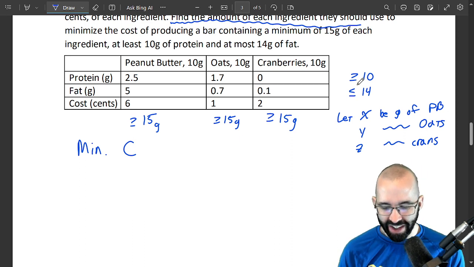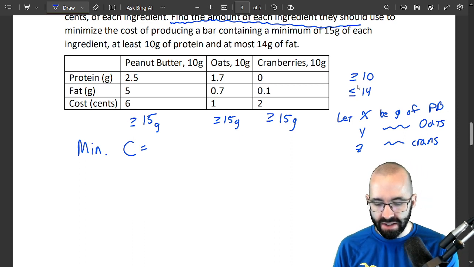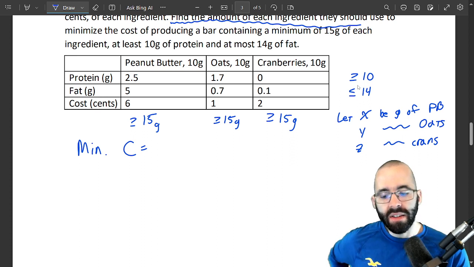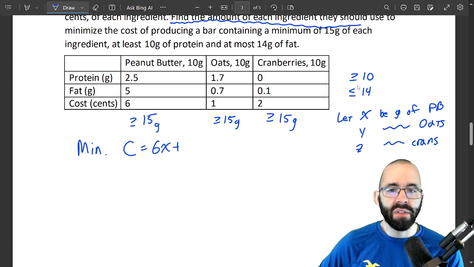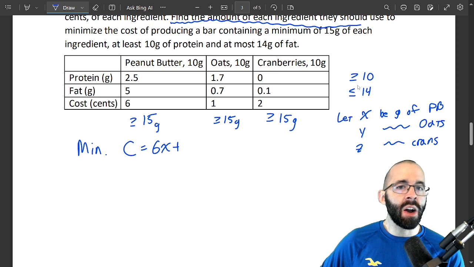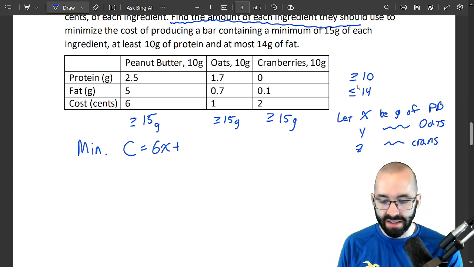Anyway, so this is what we're minimizing, the cost. So what is the cost? I'm going to write down this is wrong. And even before I finish, it's wrong. Why is it wrong? So peanut butter, 10 grams costs 6 cents. But if X is just how many grams, each gram must cost 0.6 cents.